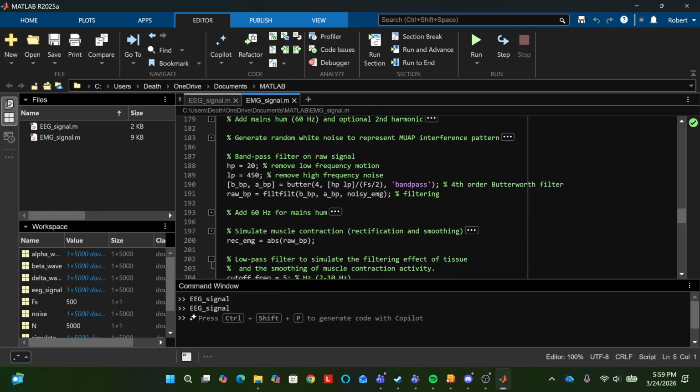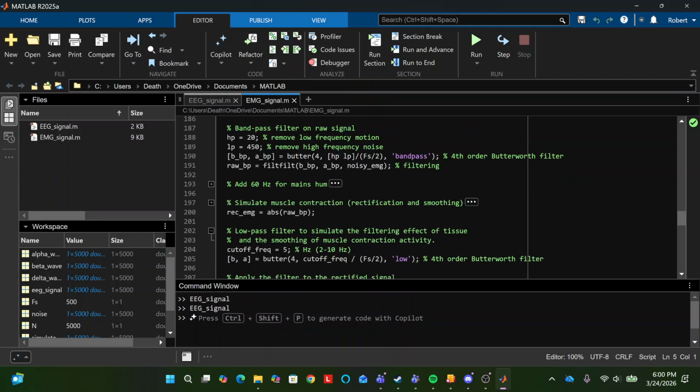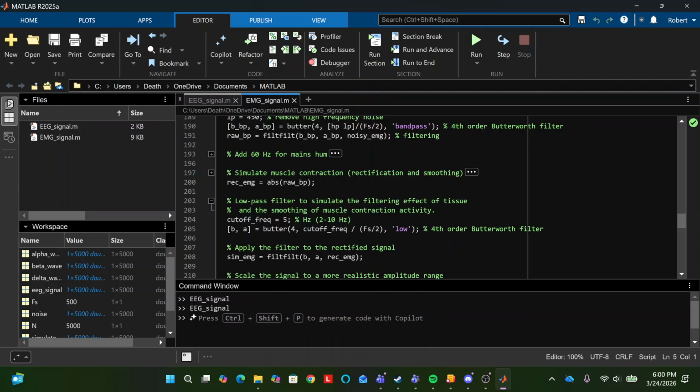We can generate random white noise to represent interference patterns in the MUAP. We're going to then do a bandpass filter on the raw signal. We're going to remove low frequency motion, and we're going to remove high frequency noise. We use the Butterworth filter, which is a bandpass Butterworth filter. Then we are going to filter. You can add 60 hertz again for mains hum if you wanted to.